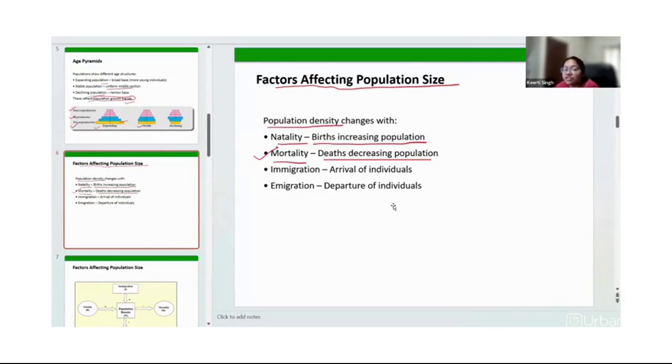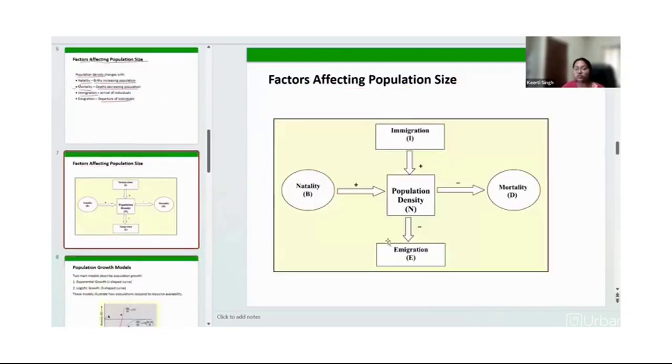For example, immigration: how many individuals have come from outside to that particular region, and emigration, departure of individuals. See, what is the total effect on this population? This can be easily studied by this graph, this picture. Of course, birth will add to the population density. The same will immigration.